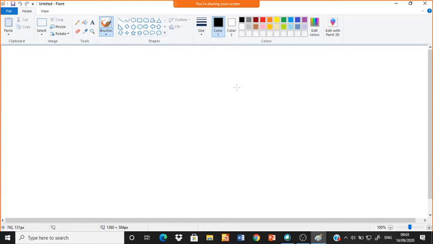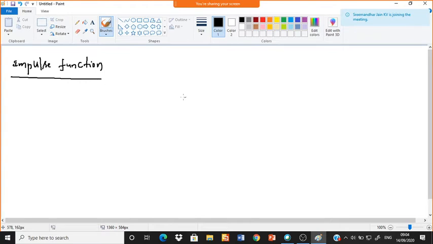So that is what we have done, and also we have seen some simple problems. Now we will go on to the next very important signal, which is the impulse function. Today we will see the impulse function. Okay, so what is this impulse function?